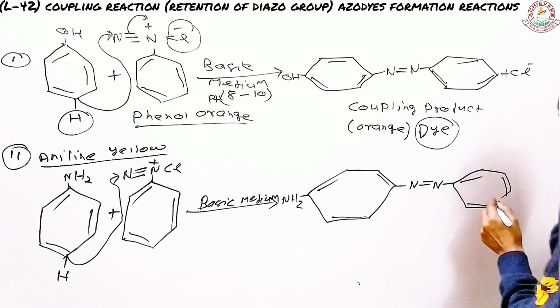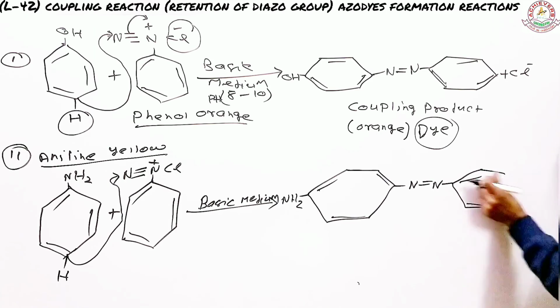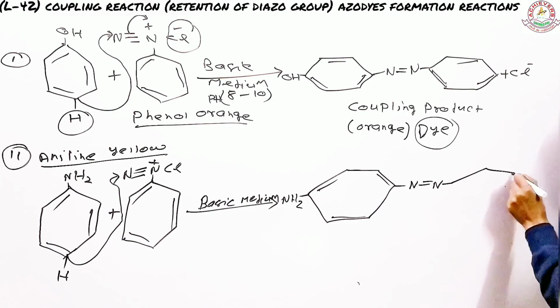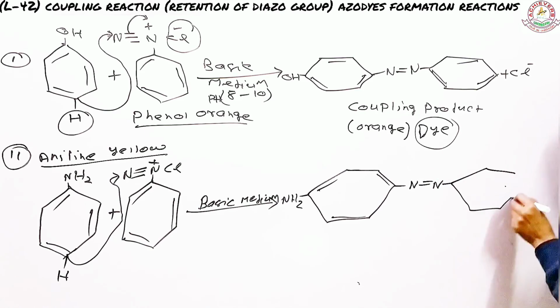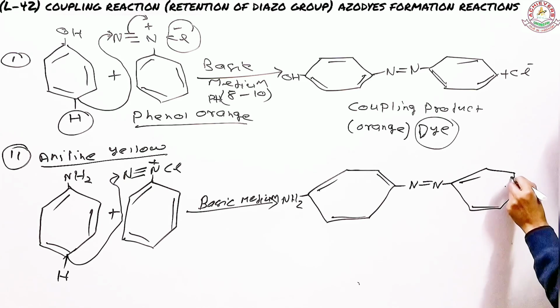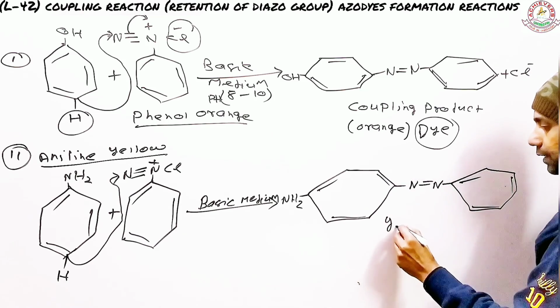So the next product comes out to be aniline yellow. So this is a yellow color dye.